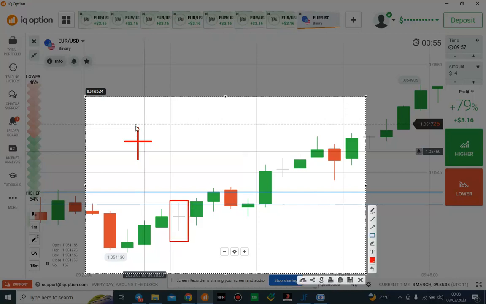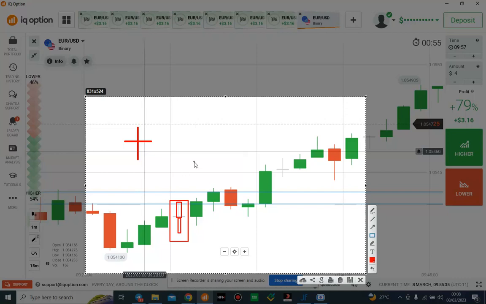The red doji usually has color, a tiny body but still has a color. Also a green color, so that is a green doji, but this is a white doji. This type of doji candlestick is a continuation doji. See the upper side and the lower side, the upper rejection and the lower rejection are the same length.